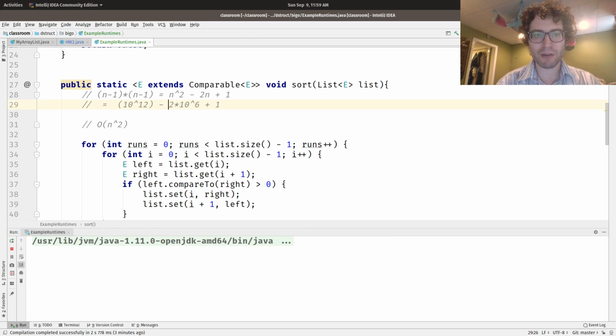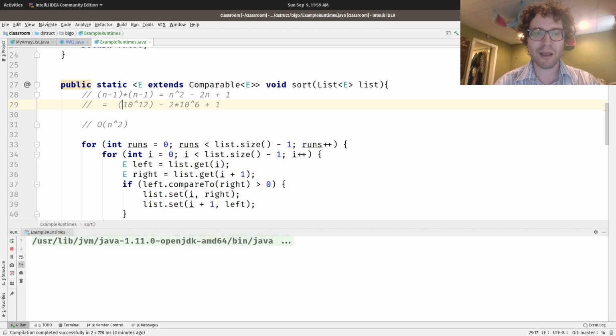So when we do our big O analysis, what happens? Well, let's note that this plus 1 or minus 1, or even plus 10 or something, this constant factor just does not matter, right? It gets utterly eclipsed by this 2n term. On the other hand, this 10 to the 12th utterly eclipses the 10 to the 6th.